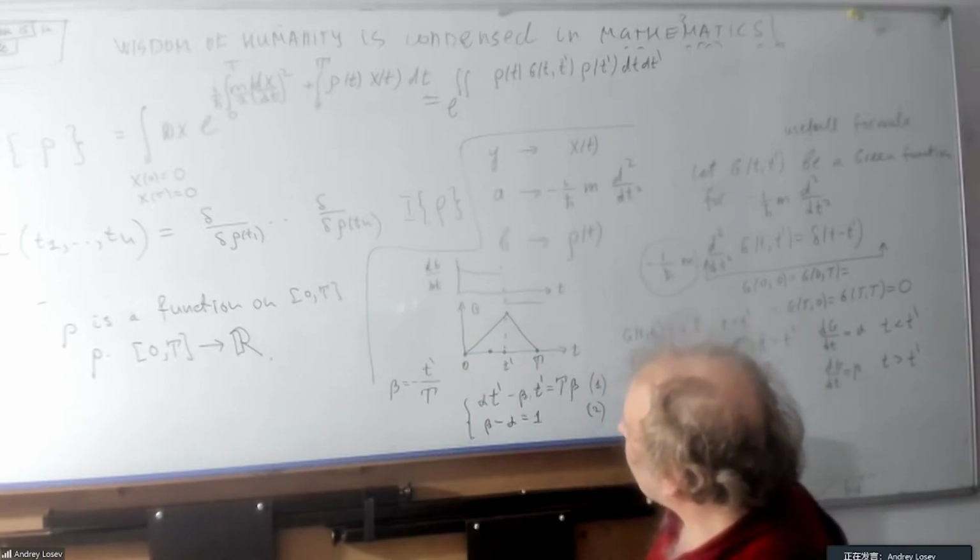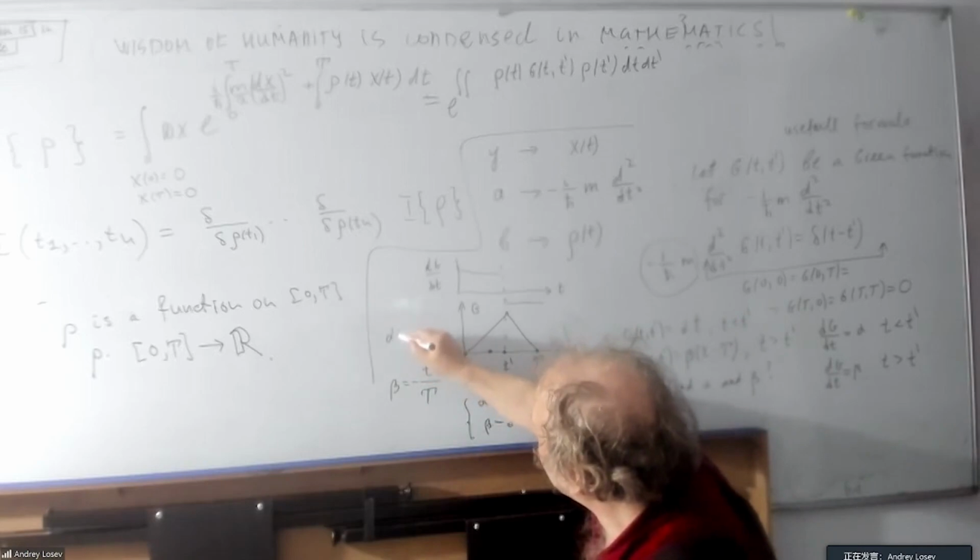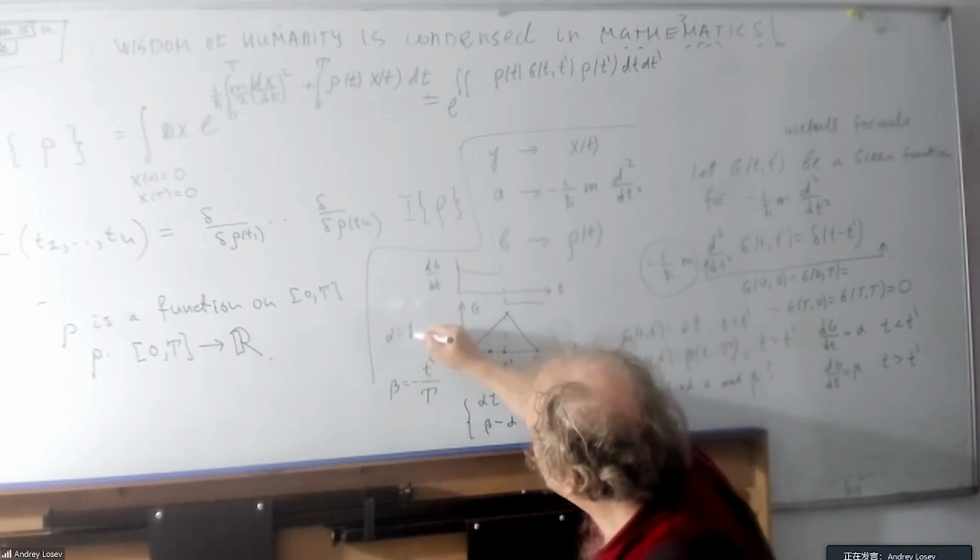And what is alpha? Alpha is 1 plus beta.